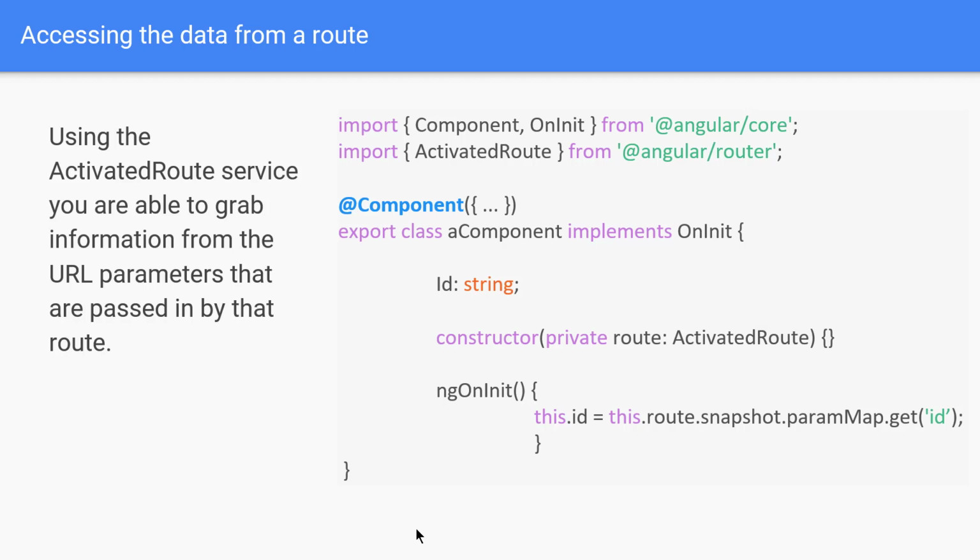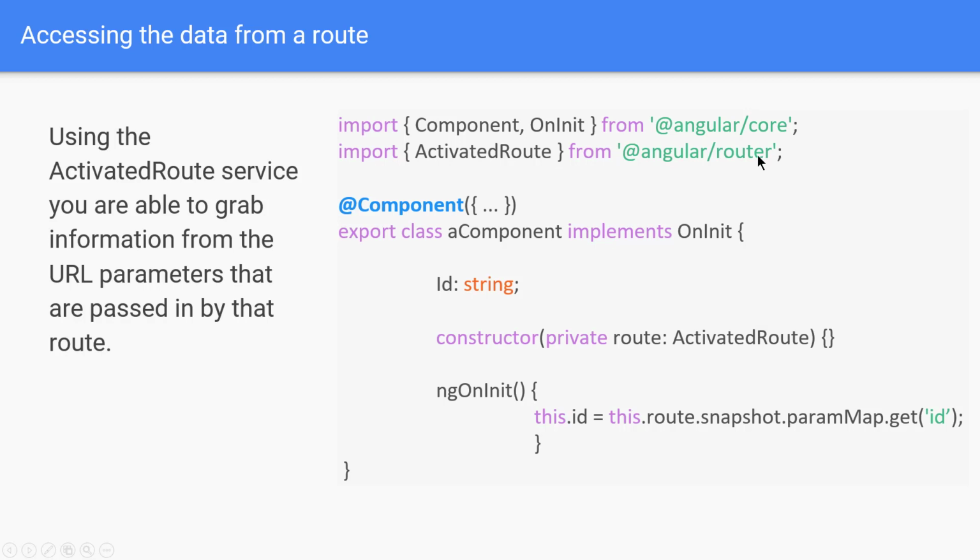We can use the activated route service to be able to grab information from our URL parameters that are passed into the route. The activated route service is part of the Angular router module, and it needs to be imported to our component. So we can see where we import our activated route from our Angular router module.